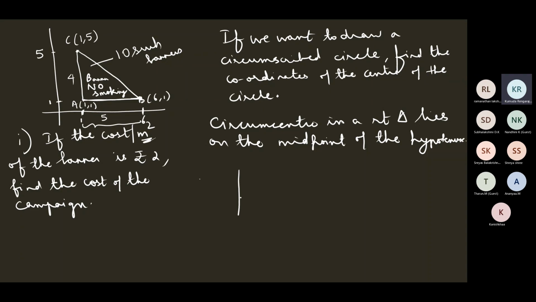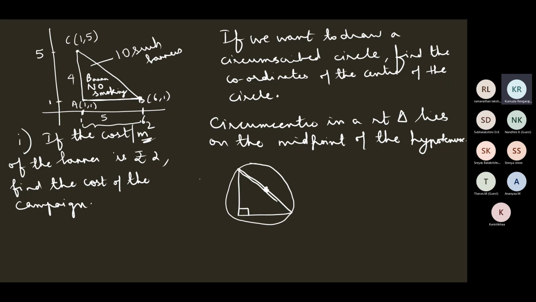You can easily remember that because see, this is the circumcenter. This is the circumcircle. It's the midpoint because this is 90 degrees, right? We know that angle in a semicircle is a right angle.